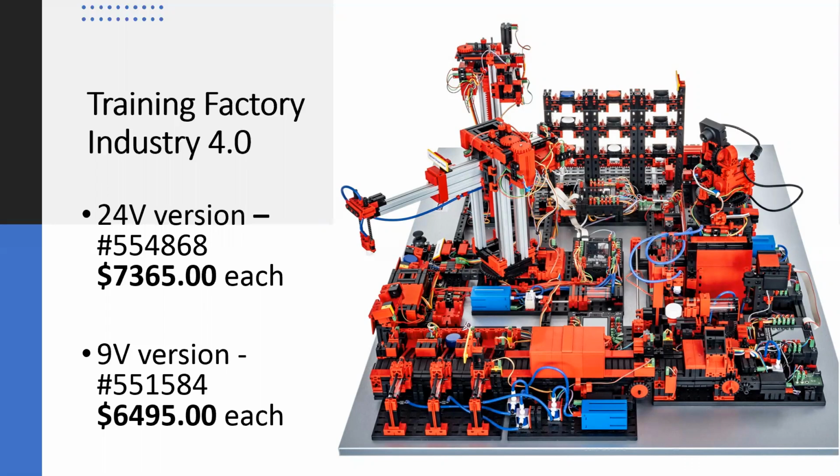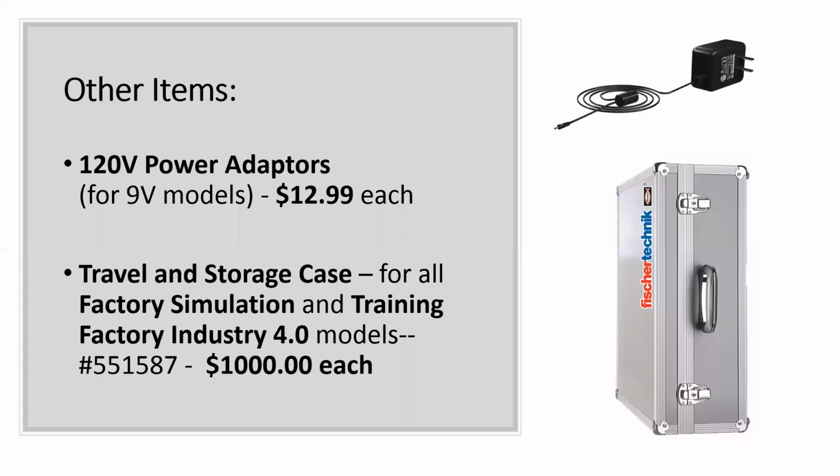The 9-volt version, $6,495 each. Again, since we've touched on these things before and we haven't gotten to the pricing for them, the 120-volt power adapters for the 9-volt models are $12.99 each, and the travel and storage case, which can be used for all factory simulation and training factory industry 4.0 models that we've looked at, those are $1,000 per unit.